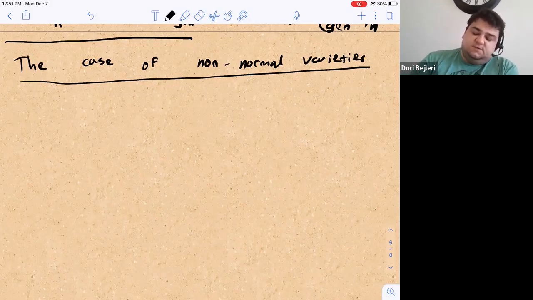So first, why should you look at non-normal varieties? You can always normalize if you care about things that are happening at generic points. There's two reasons, and they're quite related.